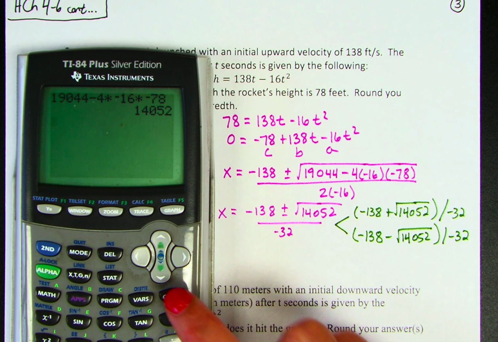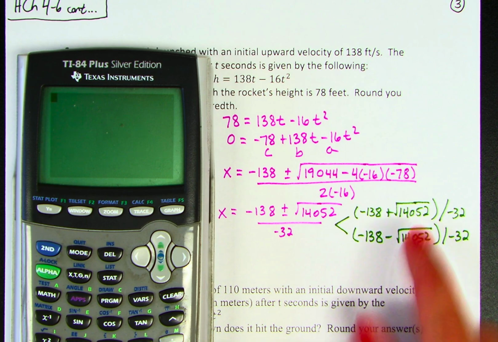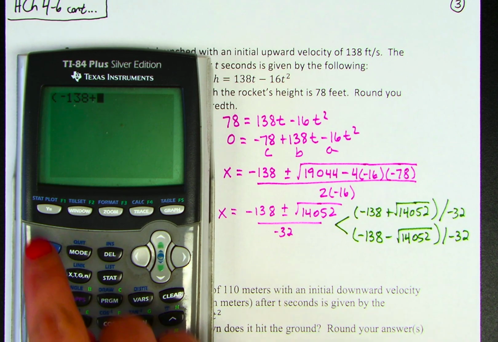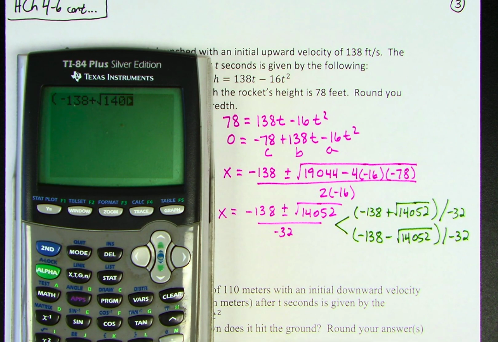All right, so I'm going to hit clear, and then I'm just going to type this top one in. So parenthesis first, and then using my negative key at the bottom. So negative 138 plus the square root of 14,052, arrowing to the right to come out of the radical, closing the parenthesis, divided by negative 32.